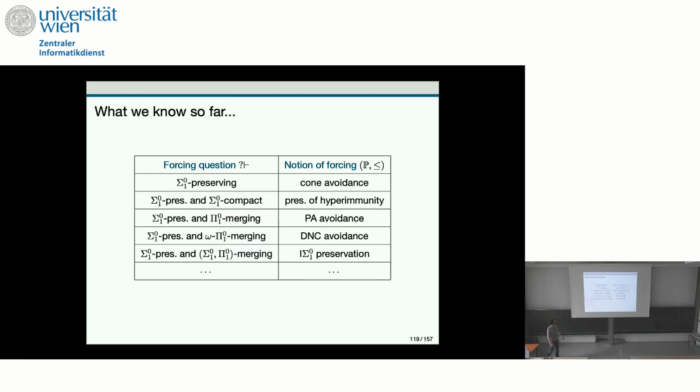So we added one more element in our correspondence. If you are sigma 0 1 preserving and sigma 0 1 pi 0 1 merging, then you can preserve sigma 0 1 induction. And so it's very helpful for proving pi 1 conservation statements over RCA0.